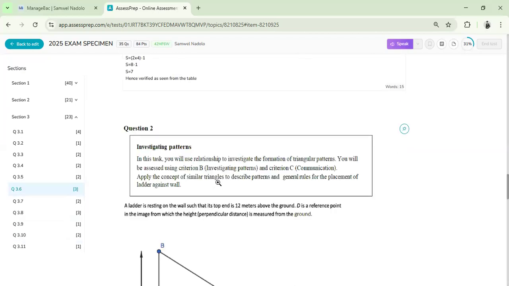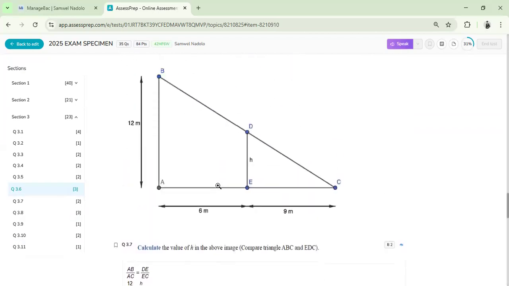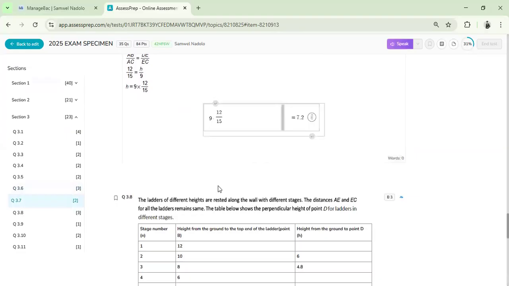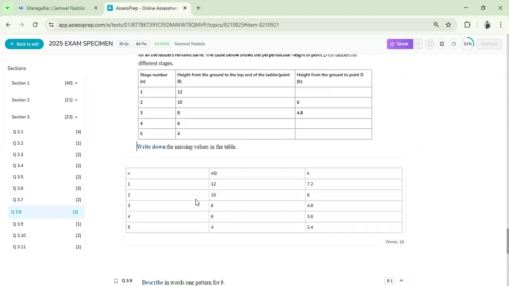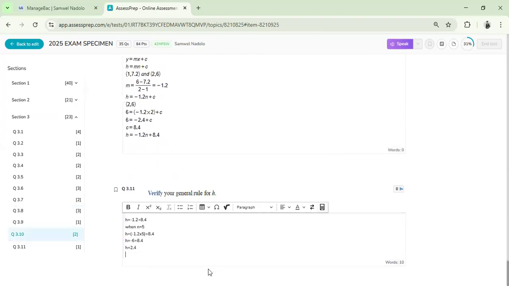Let's see, when n is 5, what is small h? When n is 5, small h is 2.4. Then we have verified. So you'll say it's verified as seen on the table above. So that's it for criterion B. Thank you.